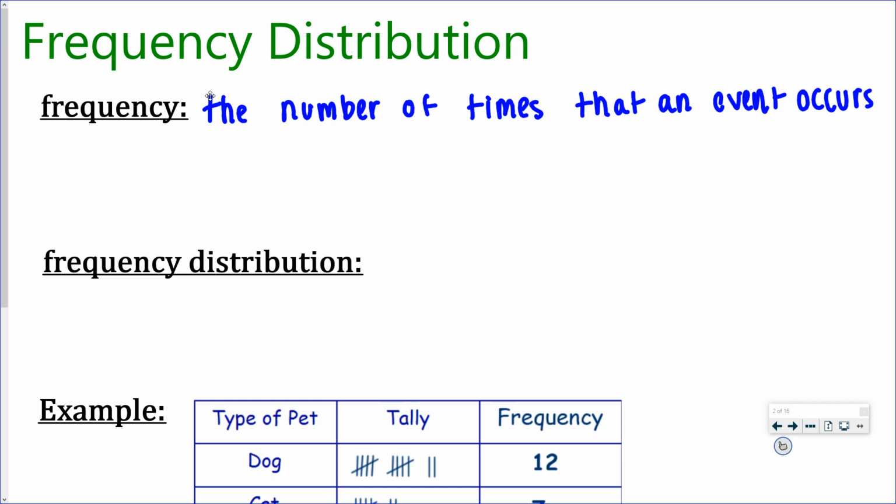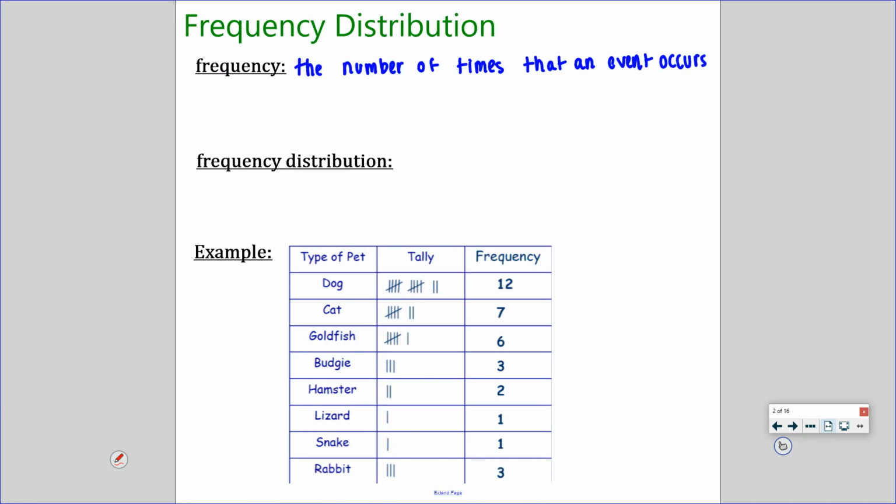A frequency distribution is usually modeled as a table, and it shows different intervals, or sometimes they're called classes. I'm probably going to refer to them as classes because that's what Alex refers to them as.